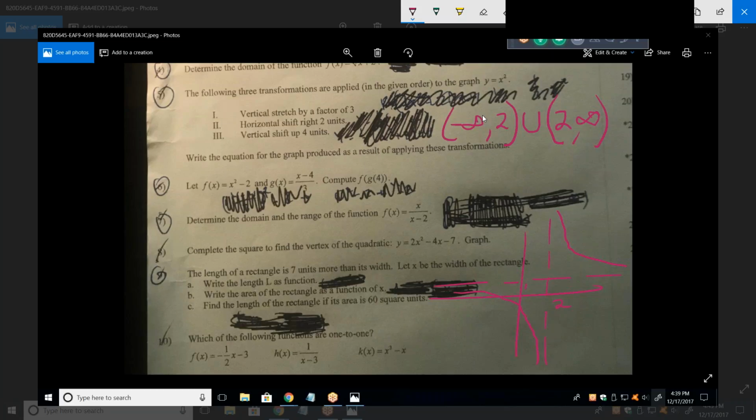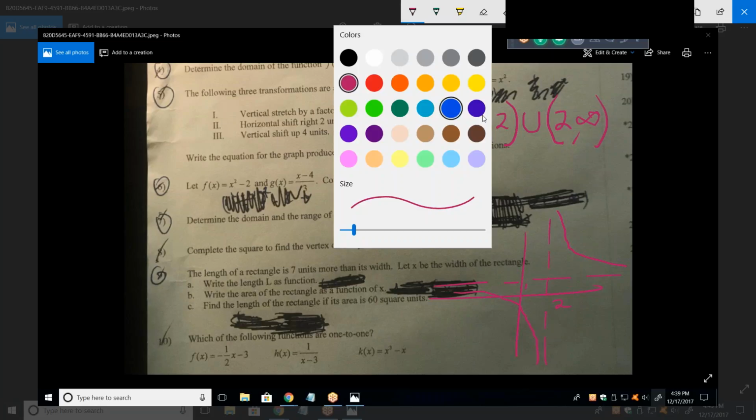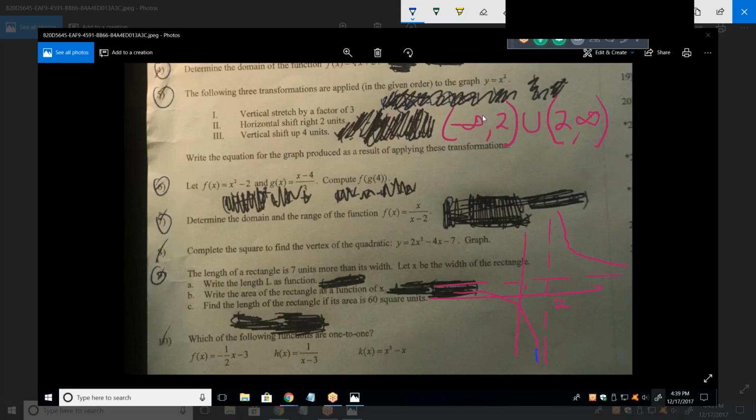Now, here's the thing, functions can cross horizontal asymptotes. So it's possible that this function might do something like this, cross it, and then come back to it. And if that's what happens, then the range is negative infinity to infinity.